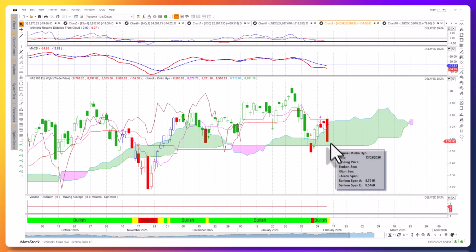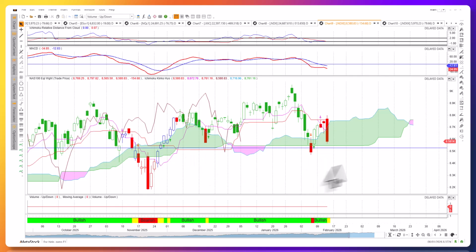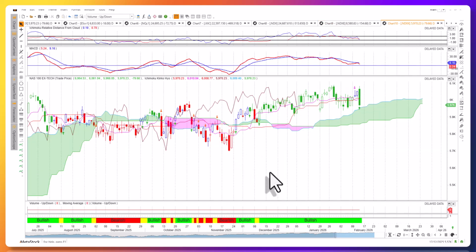If the equal weighted one also dips below here, then we're starting to look into really big trouble for the markets overall. That's another support zone to look out for, and the bottom end of the cloud is also the other support level to watch out for. So keep a very close eye on the price interaction with the bottom end of the cloud on the equal weighted one.